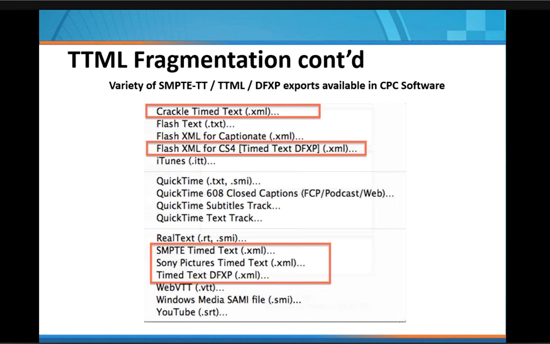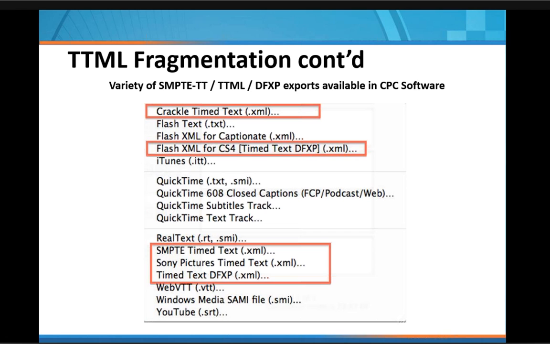Just to show you a little example, this is a screenshot from the export menu in the CPC software that I work with. And 1, 2, 3, 4, 5. There's at least 5 different variants of SMPTE Time Text and TTML-based files that are very similar. They're all spec compliant, but they're all used for slightly different purposes, different workflows, and they're not necessarily mutually compatible.